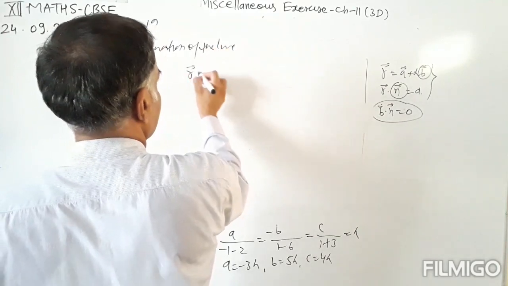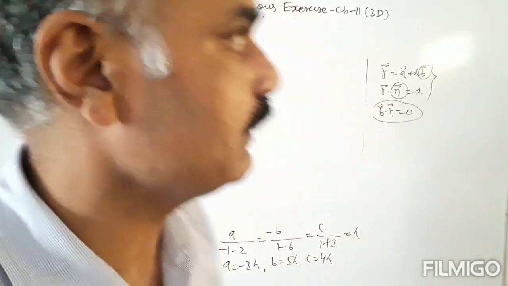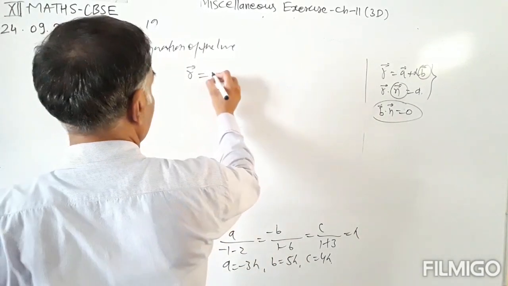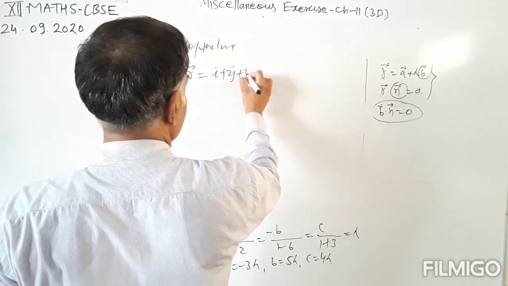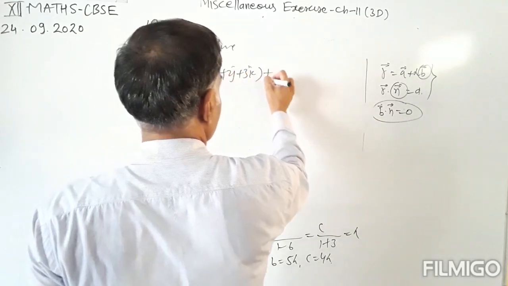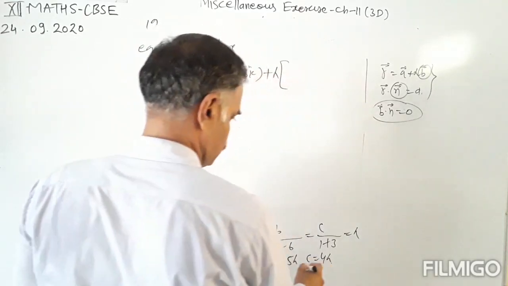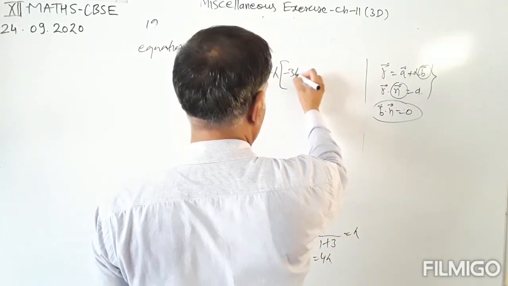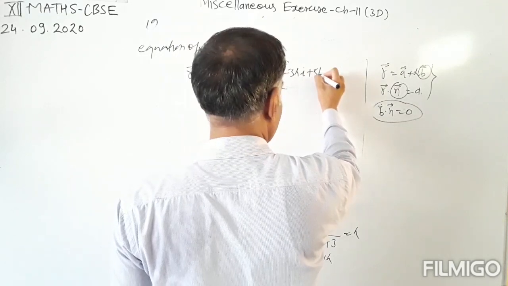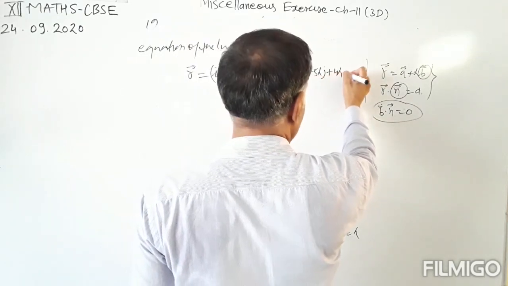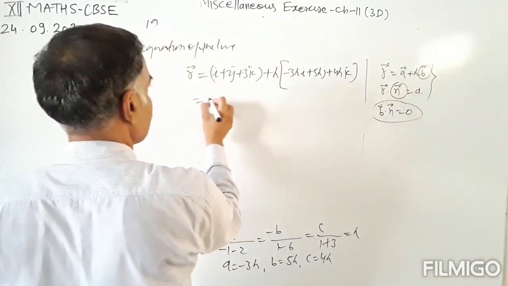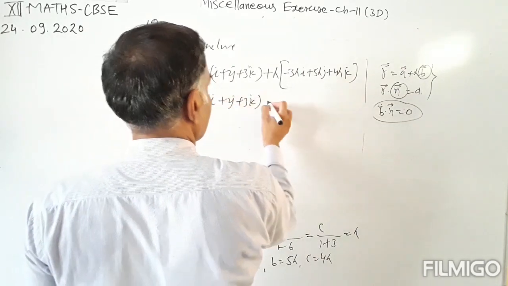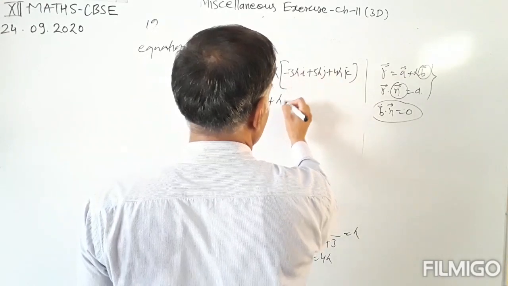r vector equals (i cap plus 2j cap plus 3k cap) plus lambda into (minus 3 i cap plus 5 j cap plus 4 k cap), taking lambda outside the bracket.